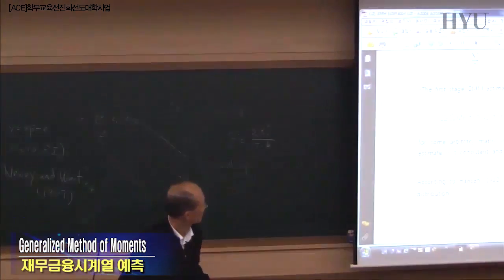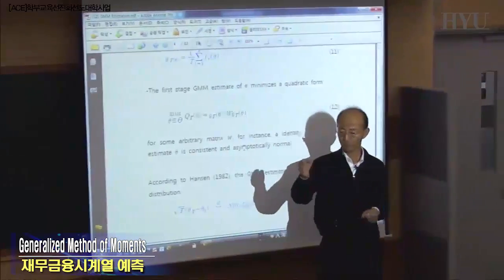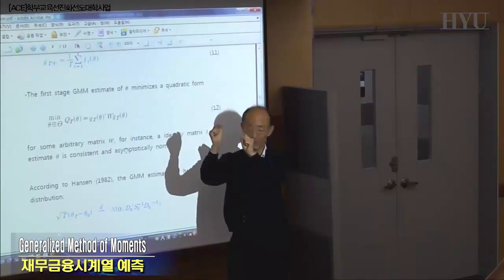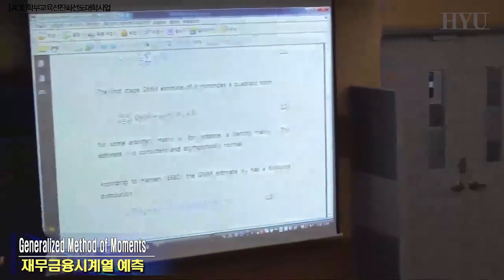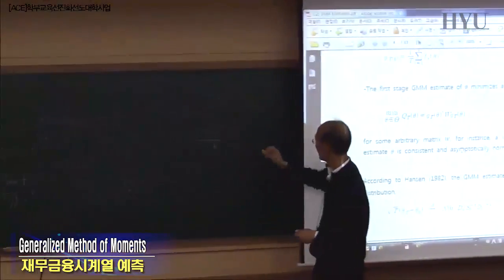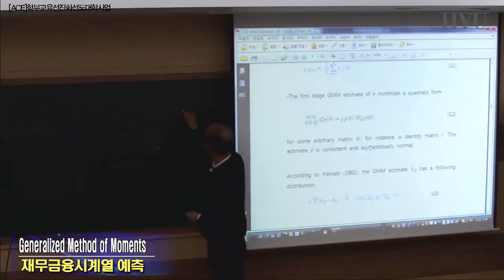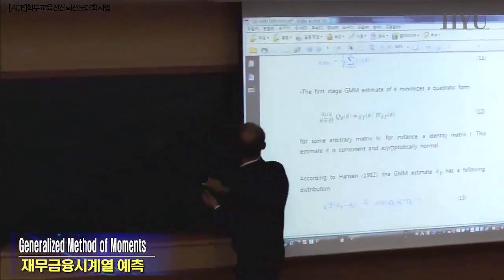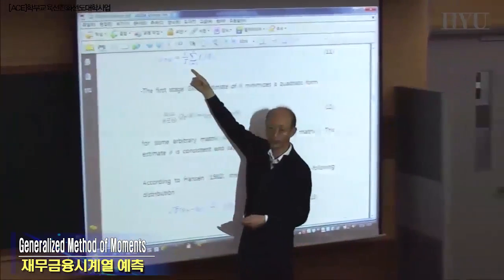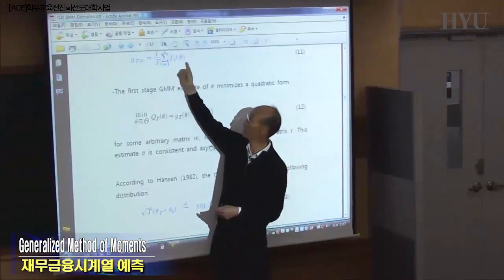Then, you start with alpha, beta, theta, right? Now you can calculate g of t as this one, right? Or above, you calculate this one, right?